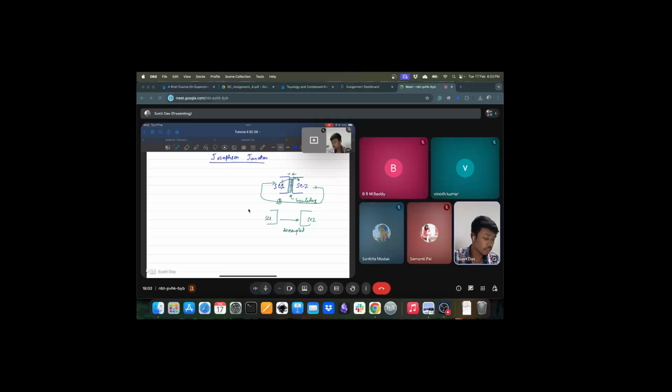If it becomes too wide, then it's just disconnected. So we'll see how the current in this kind of junction looks like, what the features are and what the advantages of it are. Okay, so we initially see some basic equations, Josephson equation 1 and 2, and then we'll move to the assignment parts.